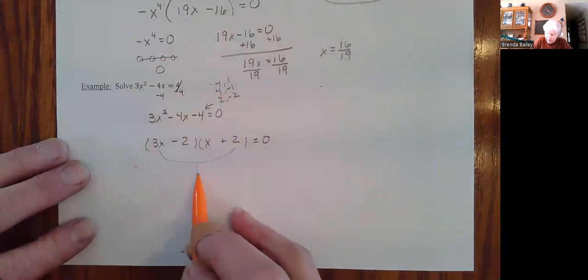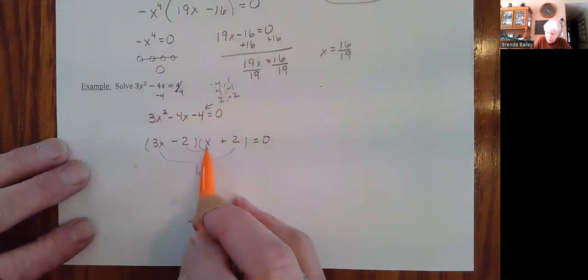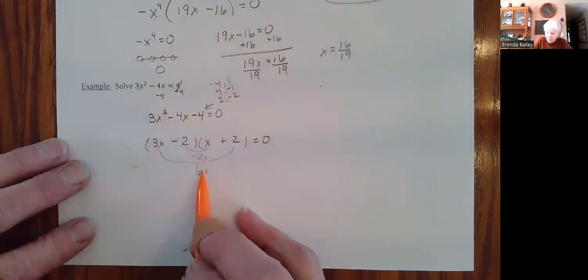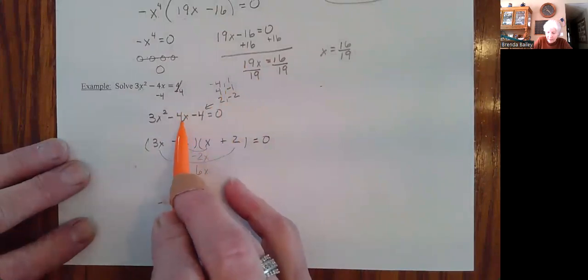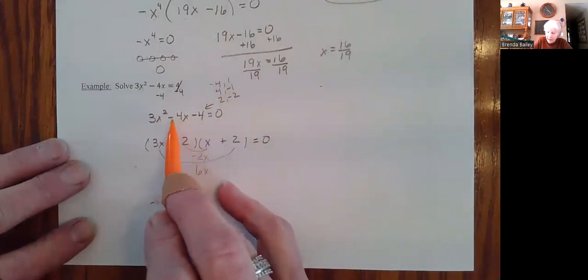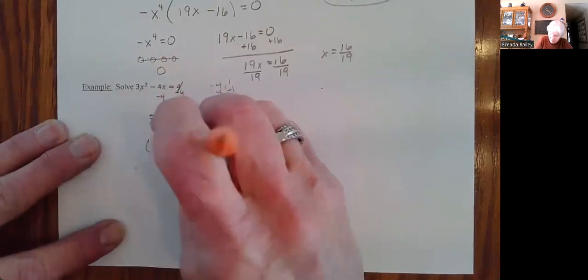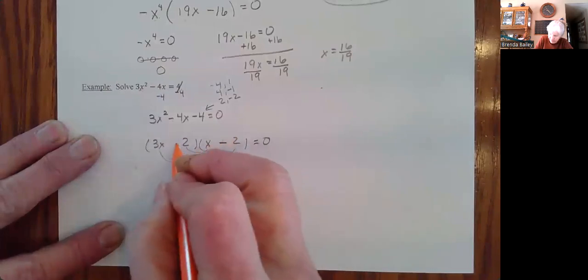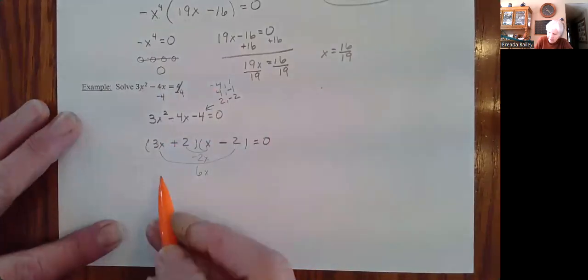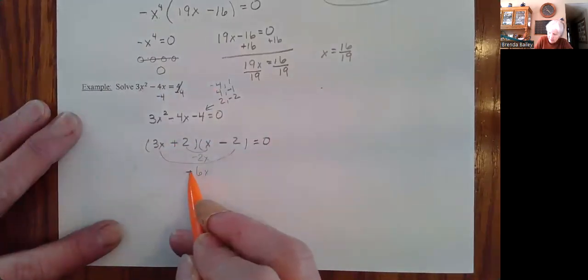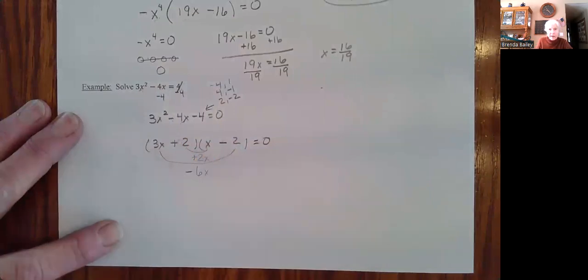Positive 6x and a negative 2x is a positive 4x. So we've got the right number, but not the right sign. If that happens, switch your signs. So now we have a negative 6x and a positive 2x when we multiply those, which gives us that.